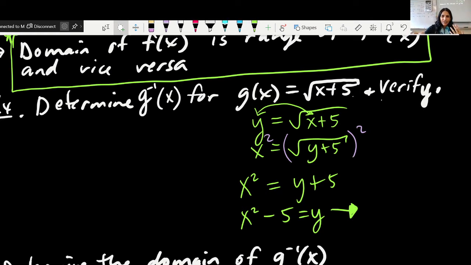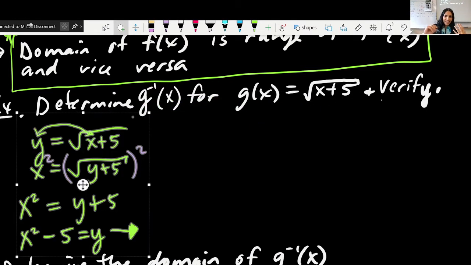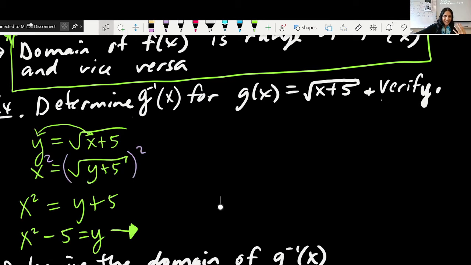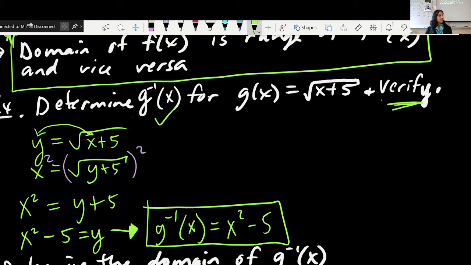Actually, this is why I love this tool. I'm going to take this all and move it over. Isn't that amazing? Because I just realized we have to verify and I didn't leave room for that. So, rewriting this properly, the inverse of g of x equals x squared minus 5. So there's the first part of us answering the question.